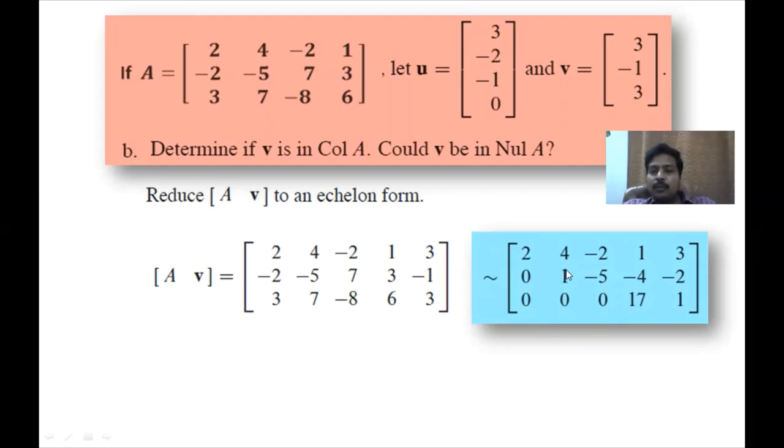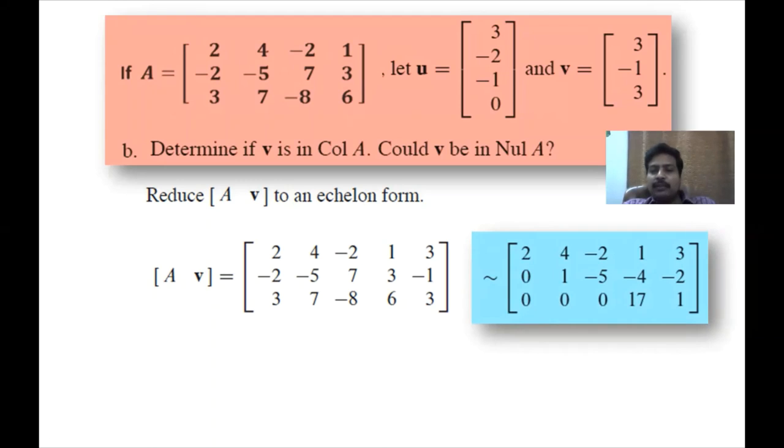The number of zeros is greater in the lower rows. So this is in the echelon form. From this we can conclude that the system is consistent. So you will find solutions for this equation.